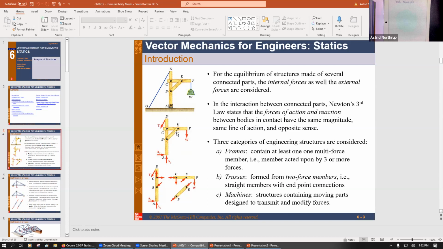So what happens here, we are doing a free-body diagram of not just the upright structure, but the entirety of the three-beam structure. The upright AD, the horizontal CF, and then the cross-structural member BE. So we take that as a whole piece, and then we say, what's happening to that structure?